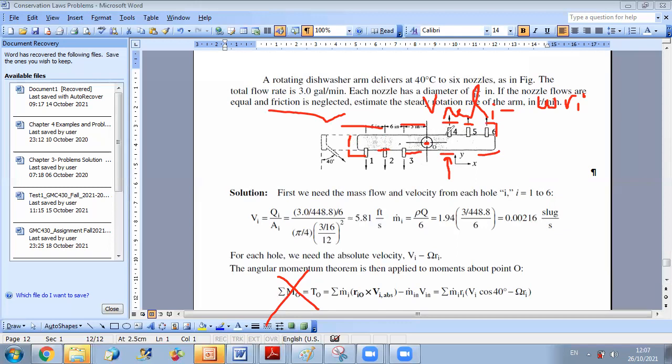Concerning the inlet, in this problem the dishwasher provides water perpendicular to this plane, so it's along the axis of rotation. This is why for the inlet flux I don't have an angular momentum, so m dot n Vn is 0. This term will cancel out. I will just have the angular momentum fluxes on the 6 outlets, so I do a summation over the outlets of mi times Ri vectorial Vi.